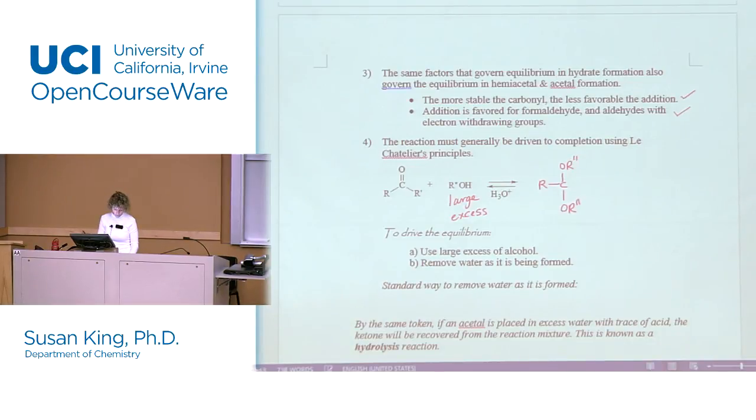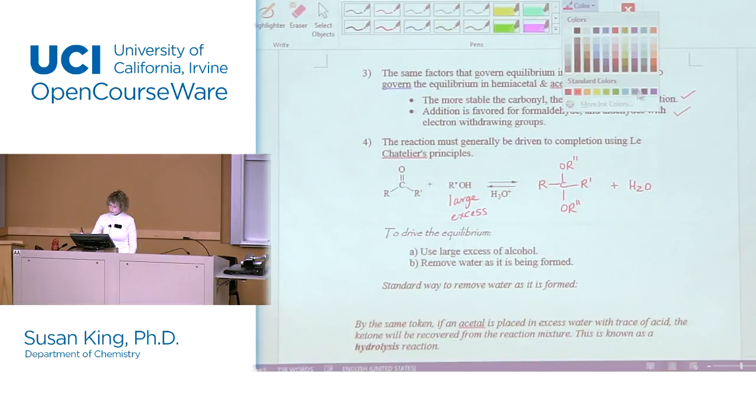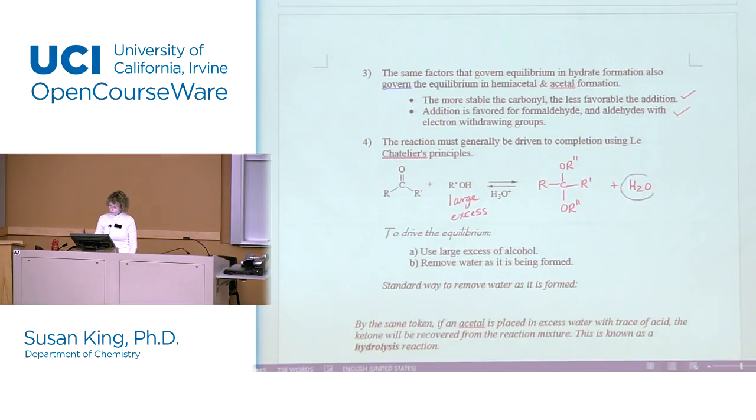We've got two of them here. Our side product is water, which we want to pay attention to if we're trying to figure out how to drive equilibrium. So a large excess of alcohol or remove water as it's being formed. Those are the two most common ways.